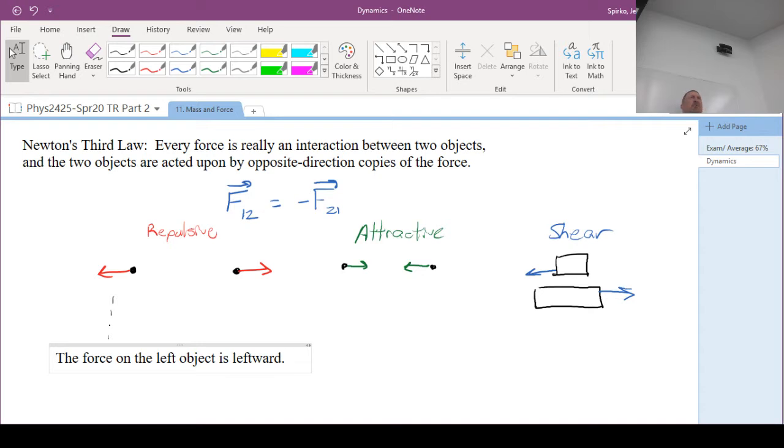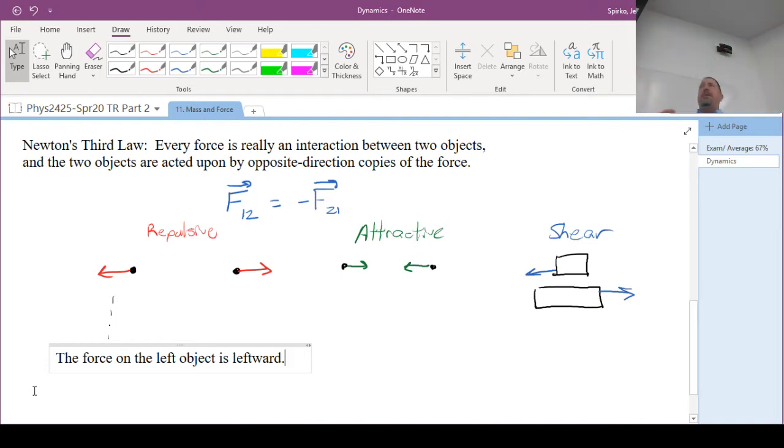That's just too many words when I could just say these two objects repel each other. It's even worse for the attractive force where I have to say the left object feels a rightward force and the right object feels a leftward force. It's just too many words. The objects attract each other is a much easier summary to use.